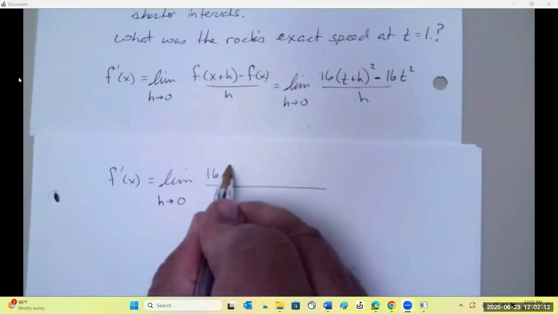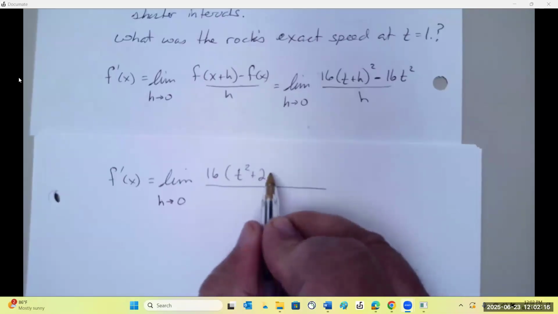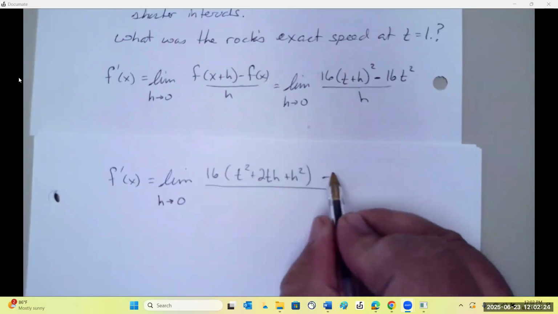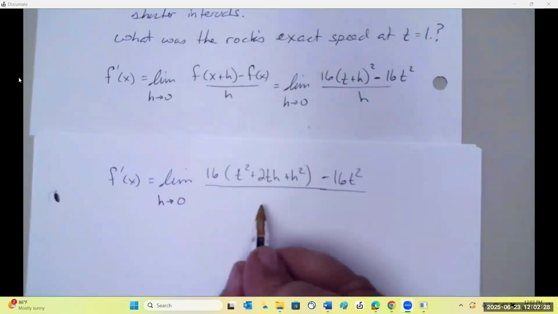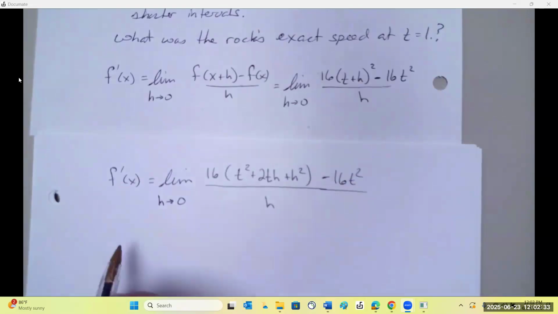So we have 16 times t squared plus 2th plus h squared, minus 16t squared, all over h. The limit as h goes to 0. Okay.